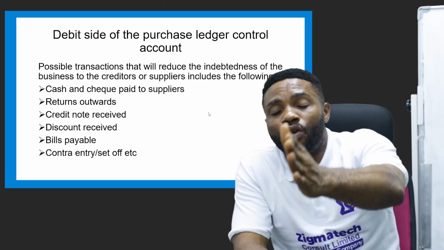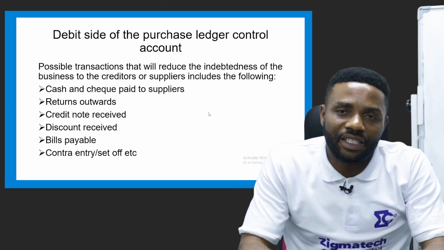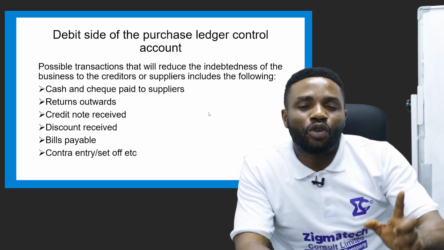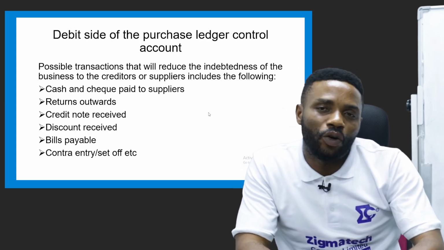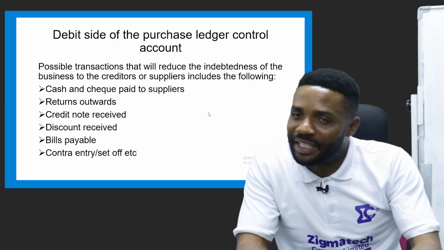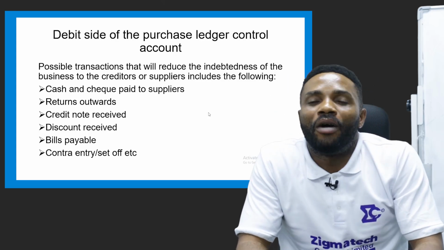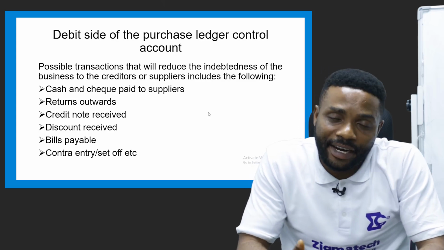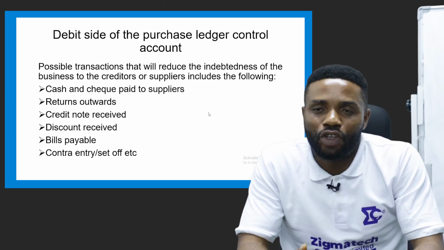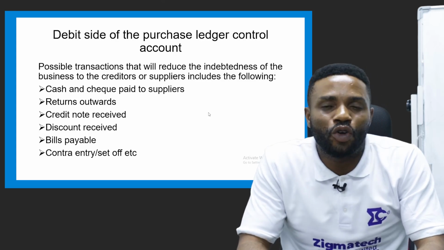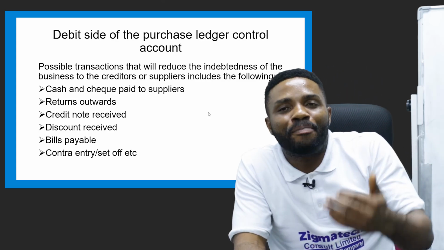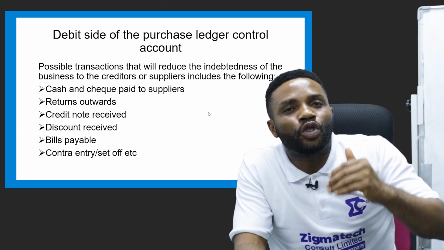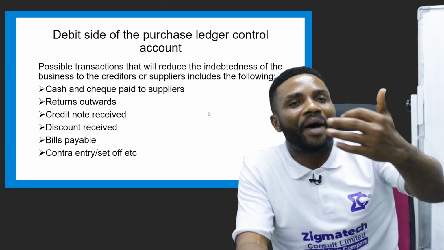Contra entry is a transaction that is centered on when your debtor becomes your creditor. Let's use our normal Peterson that has been our customer. Peterson is my creditor, my supplier, but somehow Peterson is also my debtor. The person that becomes your debtor can also be your creditor. You can go to somebody that is owing you and also buy on credit.